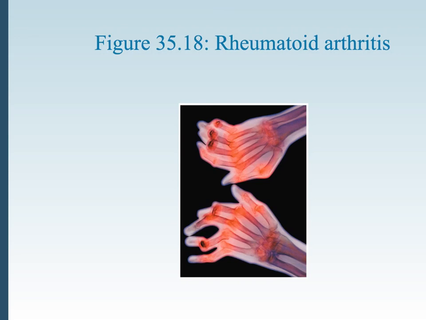And so that's what rheumatoid arthritis is: the immune system is attacking the cartilage in the joints, and this is a very severe case, but it causes all kinds of problems. So it's problems of self-tolerance that cause all kinds of issues, and they're called autoimmune issues. Type 1 diabetes is another example of that. They're actually fairly common. So the system, while good to keep you healthy, is certainly not perfect.